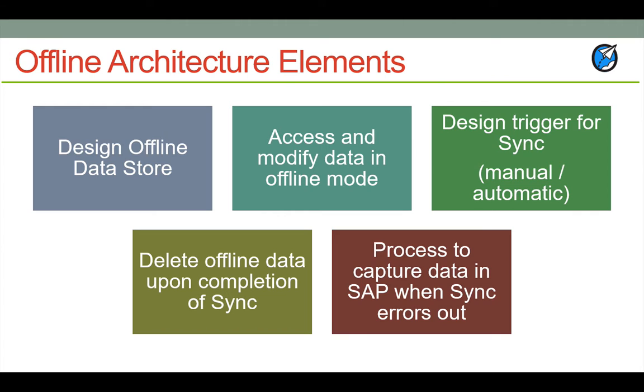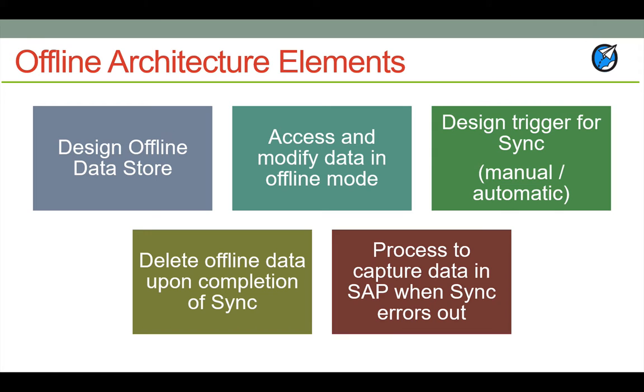So you have to replicate part of SAP on the device. And this is where it gets tricky because the SAP data model is infinitely complex. So there is a point beyond which it may not make sense to design, there is a cost benefit involved there. If you try to replicate all the logic and all the data structures in the offline application, it may take a long time. So that is something to be kept in mind.